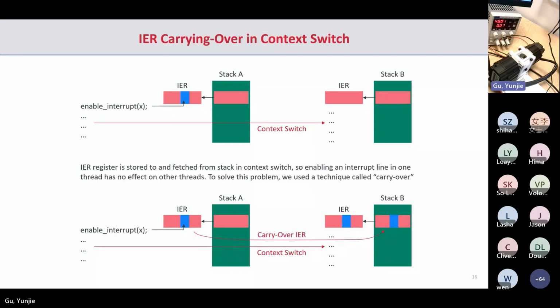This is problematic, so we use a technique called context carrying over. When we do the context switch, we know the address of the IER register of the stack being switched to, and we copy the current IER content to that address. This carries the IER register over to the new thread, so that the interrupt status is kept effective globally.